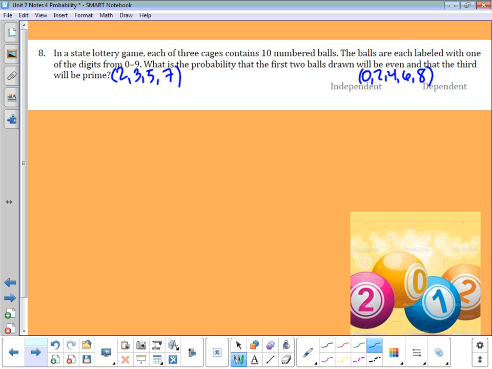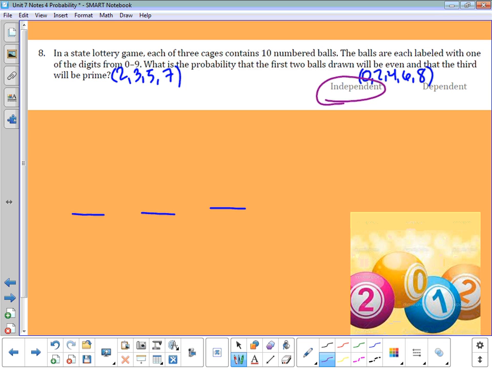5 even numbers there. So there's 3 cages, and the balls in each cage are all separate. So if I take one out of the first cage, I don't change the probability of the second cage. Therefore, these events are going to be independent of each other. One is not affecting the other.